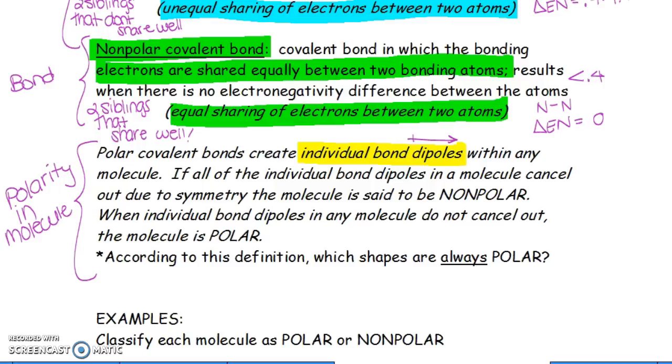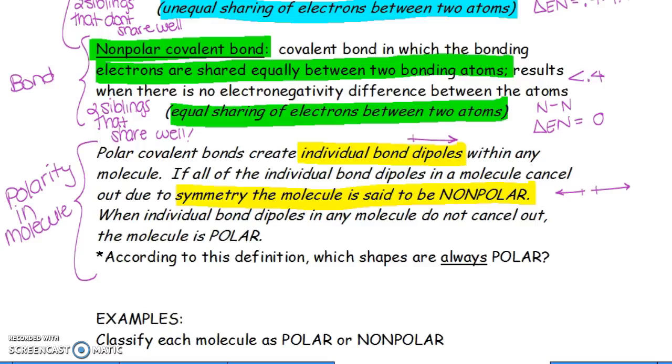If all of the individual bond dipoles within a molecule cancel out as a result of symmetry, the molecule is said to be nonpolar. An example of that might be a dipole going this way and a dipole going this way. They cancel out, so there's not one side of the molecule in which the electrons are more interested in being.